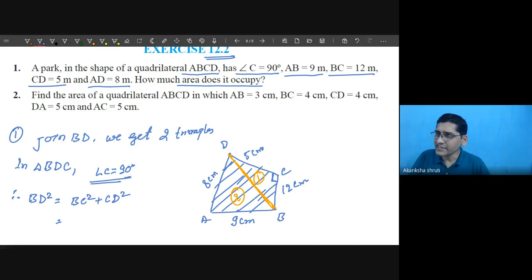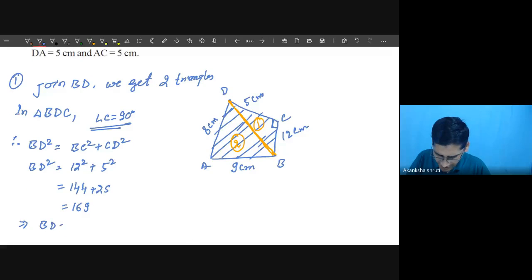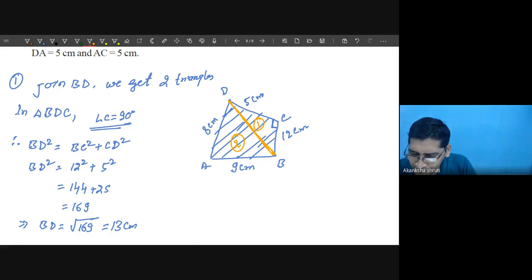So BD square is equal to 12 square plus 5 square, 144 plus 25, which is 169. So BD is root of 169, which is 13 centimeter.